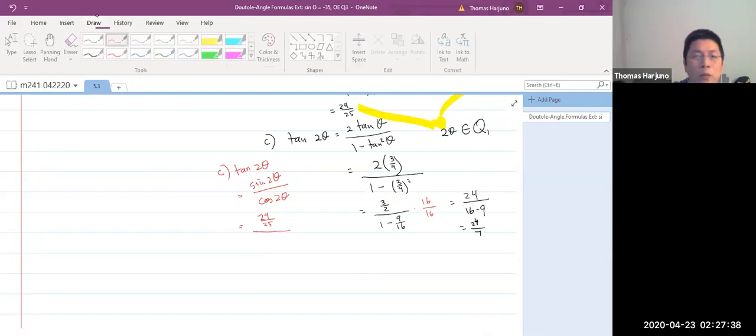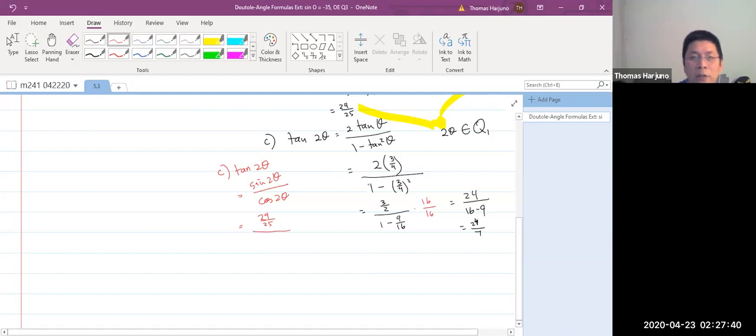If I don't know cosine 2 theta or sine 2 theta, I use the first method, but if I have known them, I can just use them: sine 2 theta 24 over 25 and cosine 2 theta 7 over 25. Multiply the top and bottom by 25, gives me 24 over 7. Same thing we have here.